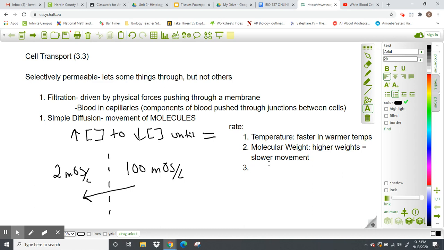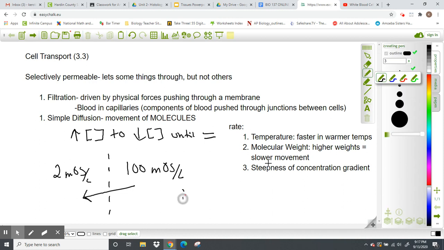Now, what also is going to affect the rate of the diffusion across the membrane is the steepness of the concentration gradient. So, for example, if we're talking about this situation over here, we have 100 milliosmolar on one side and 2 on the other, and we were going to compare that to, let's say, another one right here.